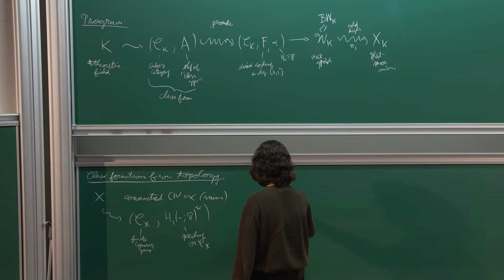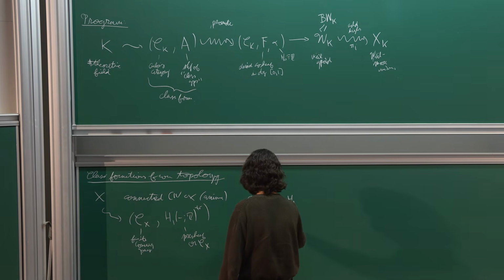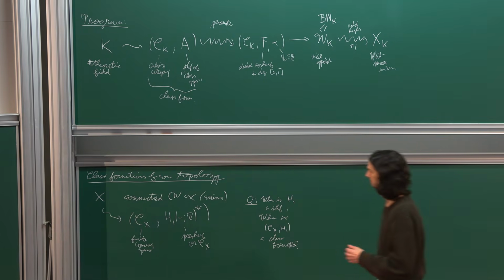when is this a sheaf? And when is Cx with H1 a class formation? And the answer is not very often.